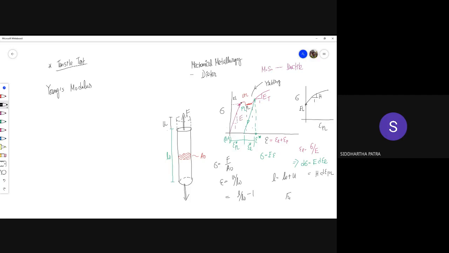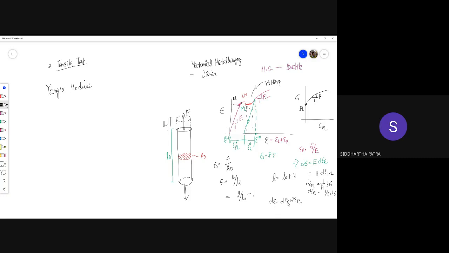So it can be shown that the tangent modulus is as follows. d epsilon pl is 1 by h d sigma, and d epsilon e is 1 by E d sigma, which basically means the total strain d epsilon is d epsilon e plus d epsilon pl.